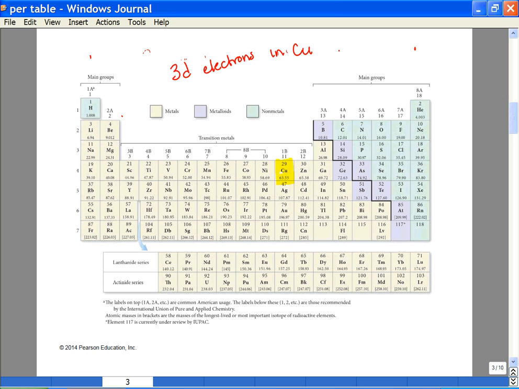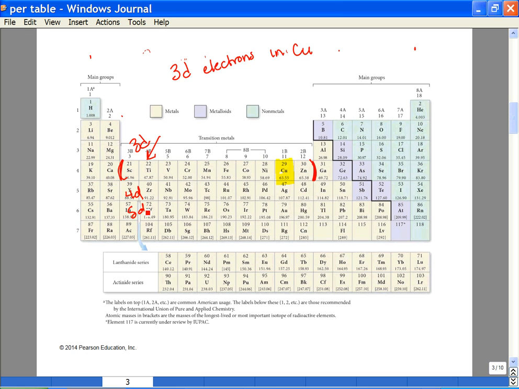Since it's in row 4, it's in the D block, but these are 3D electrons in this D block. So we count over, starting at the D block. This is 3D here, this is 4D here, this is 5D here for future reference.